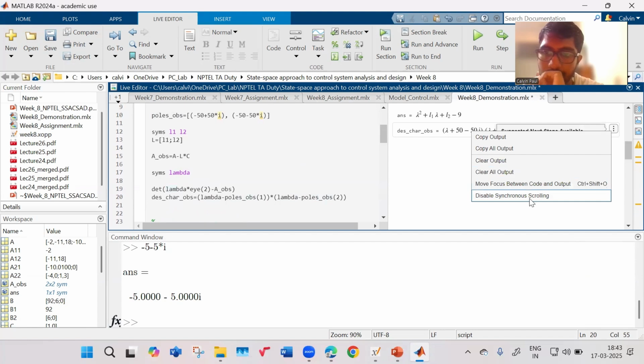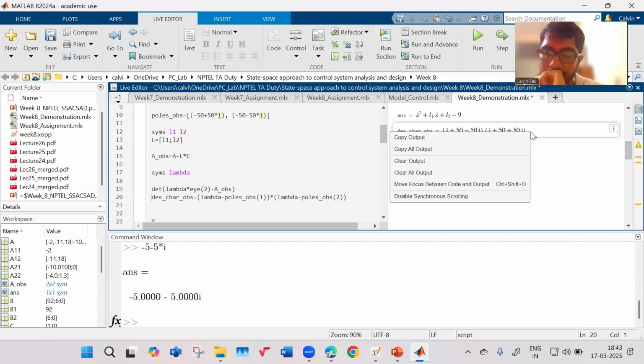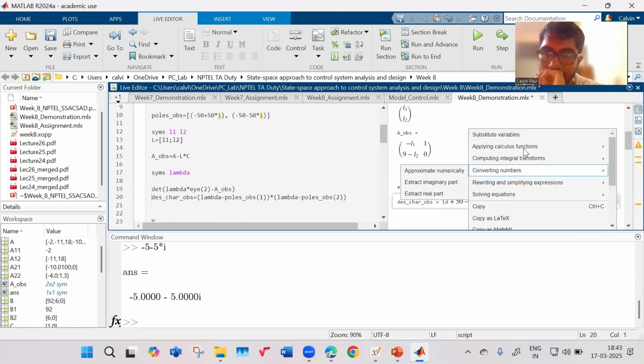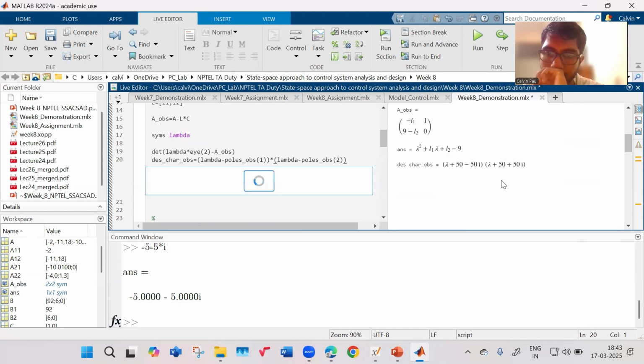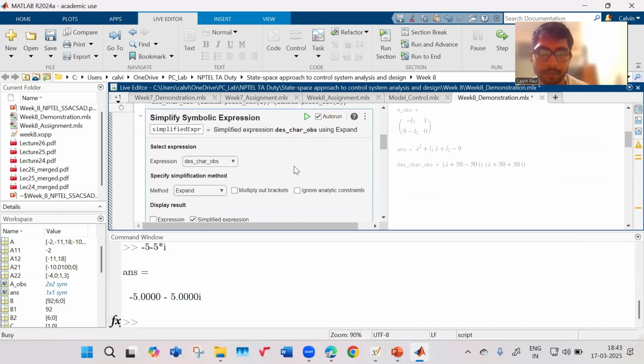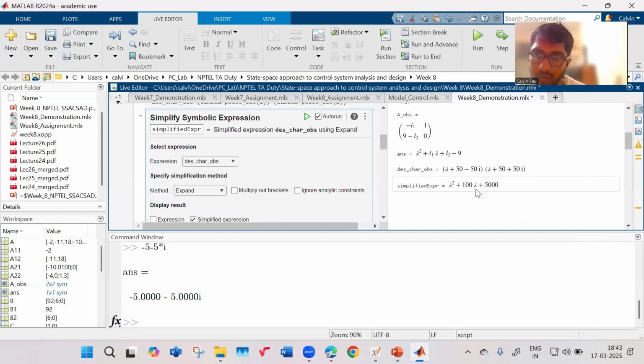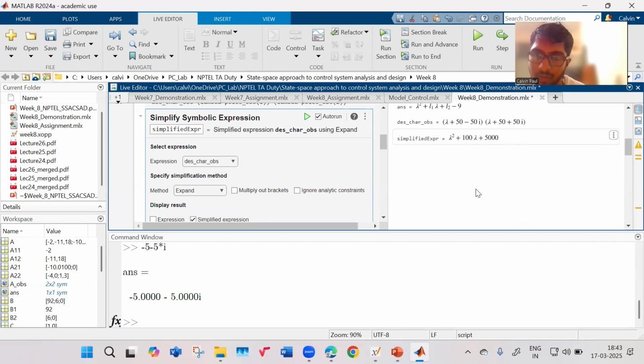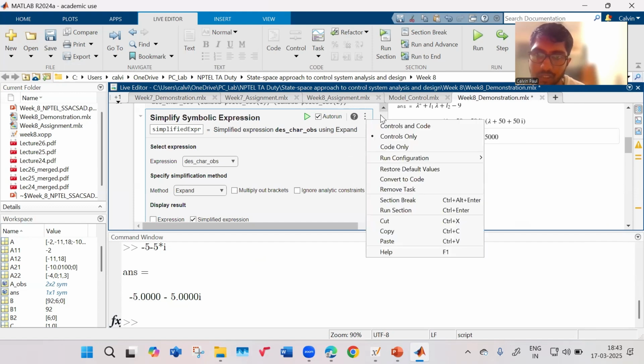Let us expand the expression. It comes out as lambda square plus 100 lambda plus 5000, which is matching with what we got.